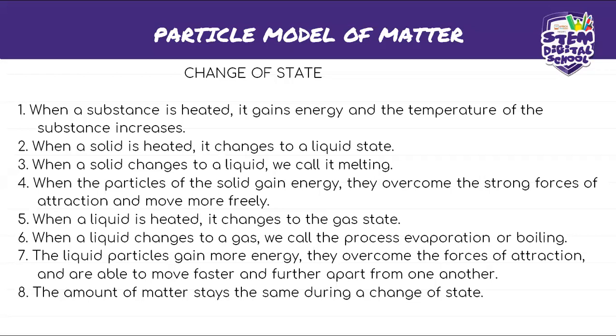When a liquid is heated, it changes to the gas state. When a liquid changes to a gas, we call the process evaporation or boiling. The liquid particles gain more energy. They overcome the forces of attraction and are able to move faster and further apart from one another. The amount of matter stays the same during a change of state. So let's take note.